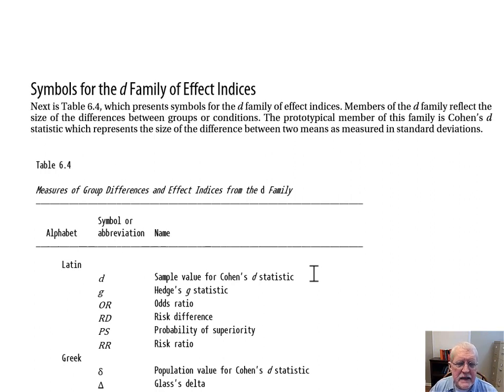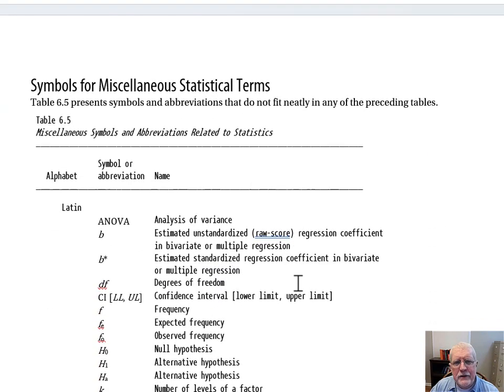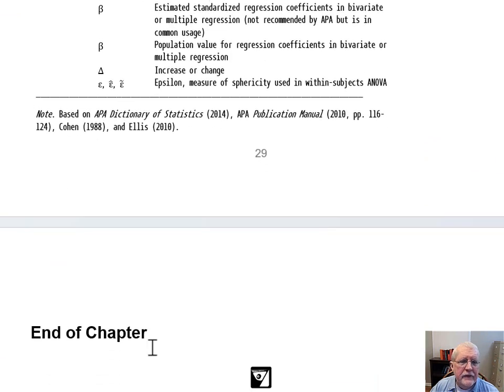These are effect indices such as Cohen's d statistic or first cousins to Cohen's d statistic, like Hedges' g statistic. Is there more? There is. Symbols for miscellaneous statistical terms. What's the format that I'm supposed to use when reporting a confidence interval? This is the general format to use. Is there more? I think that's about enough.